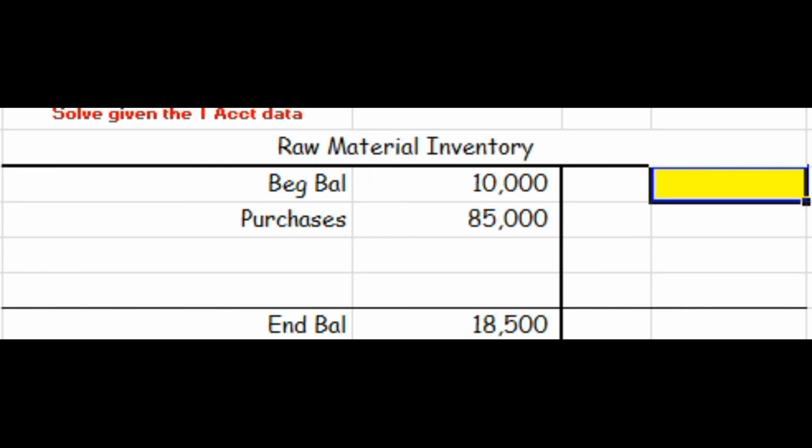Okay, so that is just taking D8 plus D9, which is your beginning, plus your purchases, less your ending inventory. So you have a credit in raw materials of $76,500. So $76,500 has been assigned in the current period to products that are in the process.